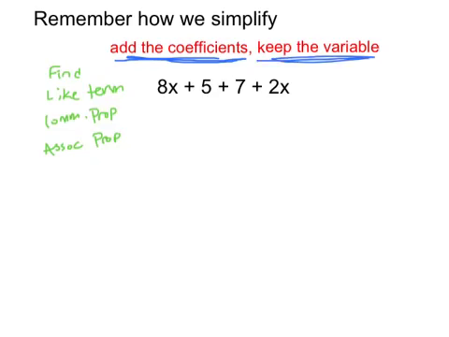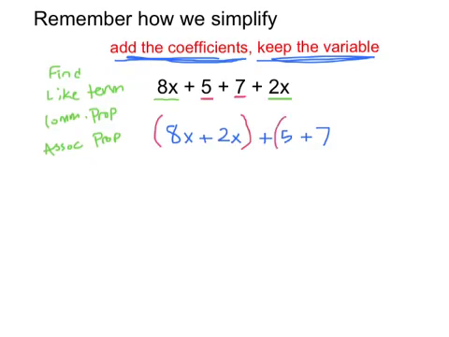So let's rearrange this. First, let's identify our like terms as being 8x and 2x. And keep in mind we also still have constants 5 and 7. And so if we rearrange this using our commutative property, we get 8x plus 2x plus 5 plus 7. We can then use our associative property to say, okay, these are like terms, we have 8x and 2x.